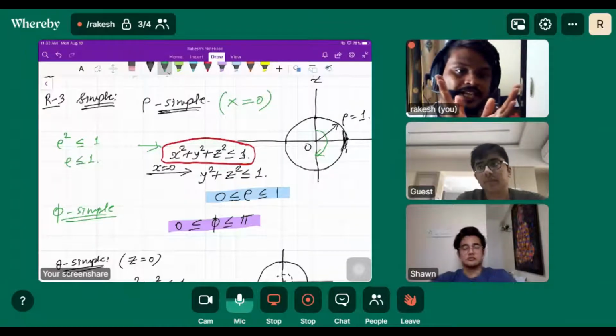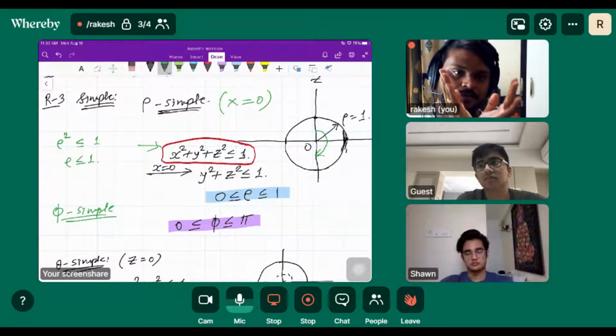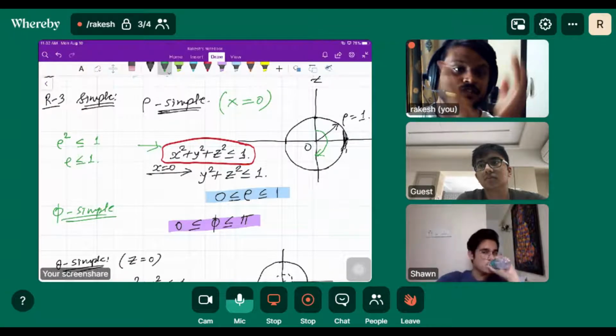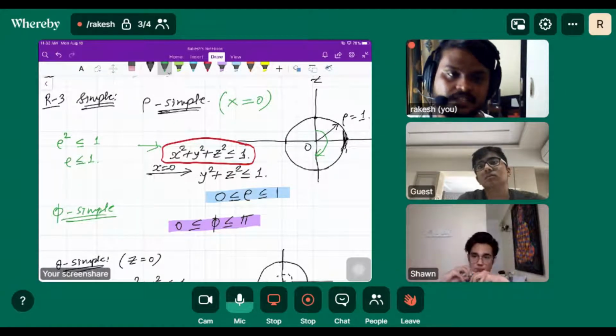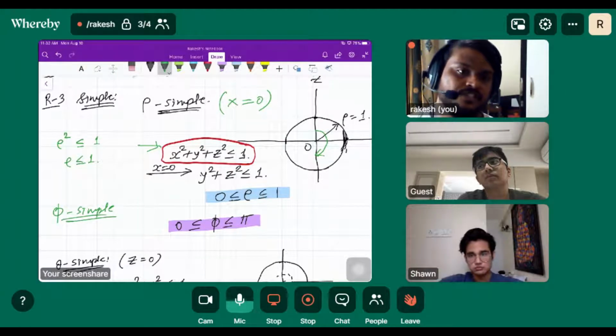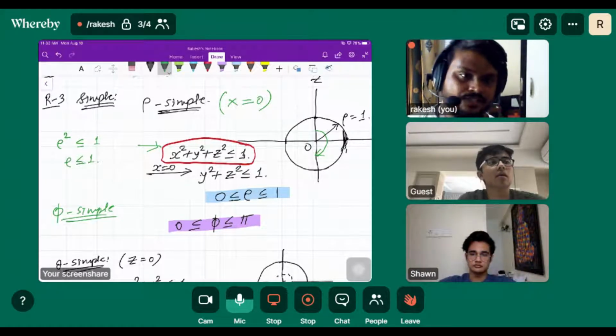If suppose this has a cone, like the ice cream cone I explained, and the sphere on it, then the angle would be different. So based on what region is given in the question, we have to figure out the upper and lower limit of the integral. We'll see that in the very next question.